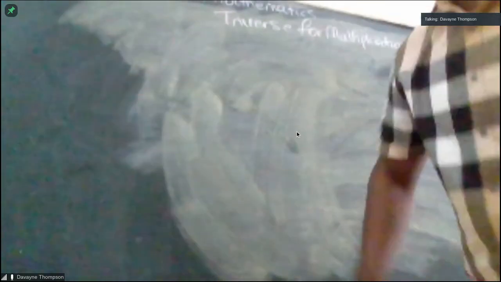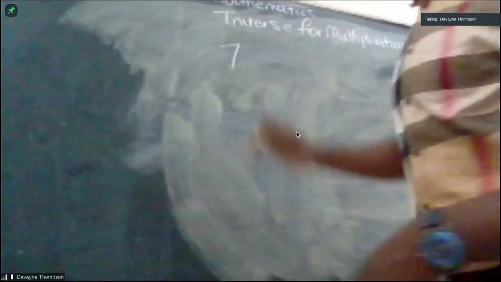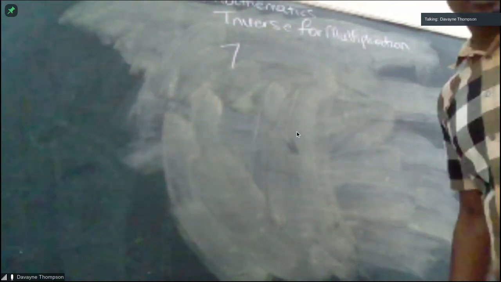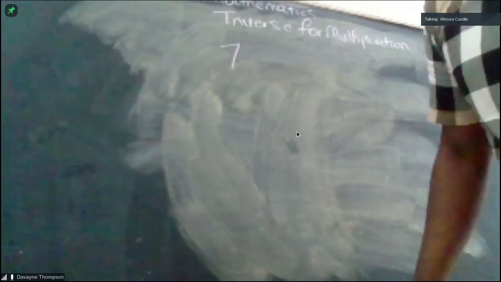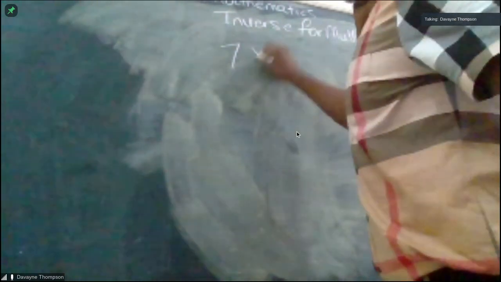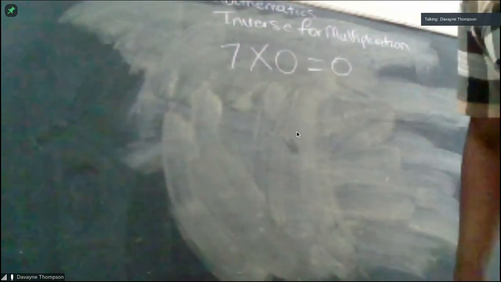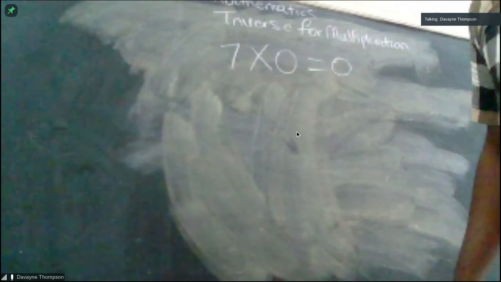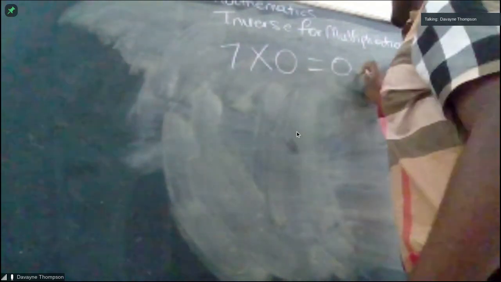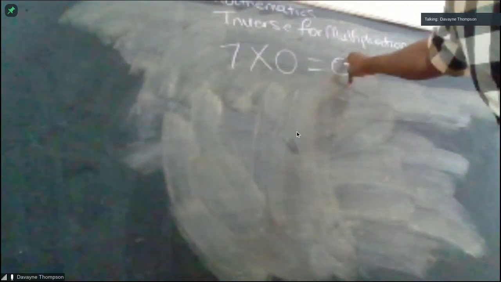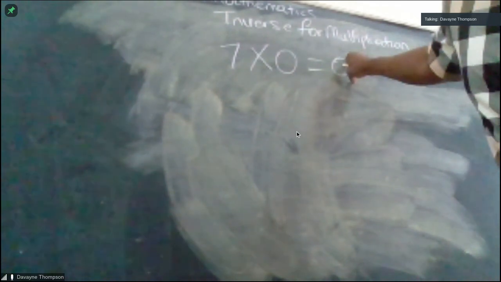Let's say I have 7. What can I multiply by 7 to get 0? 0. So here's what we can say: if any number is multiplied by 0, then our answer will always be 0.